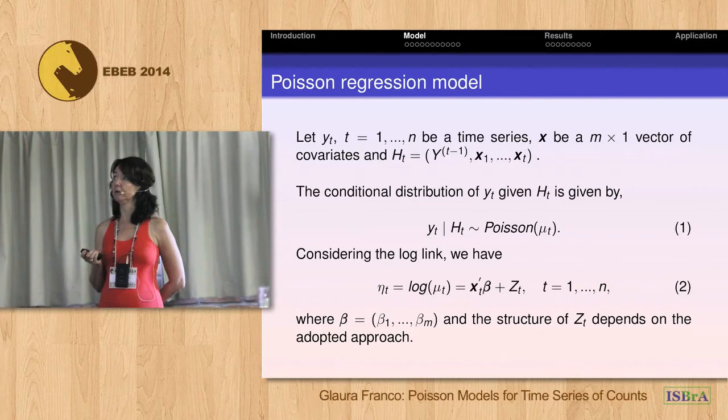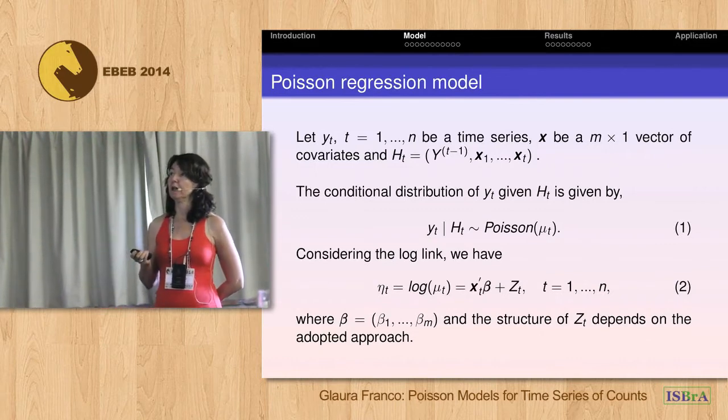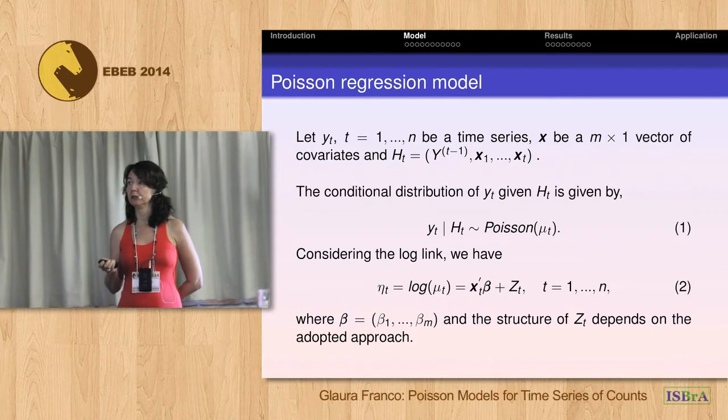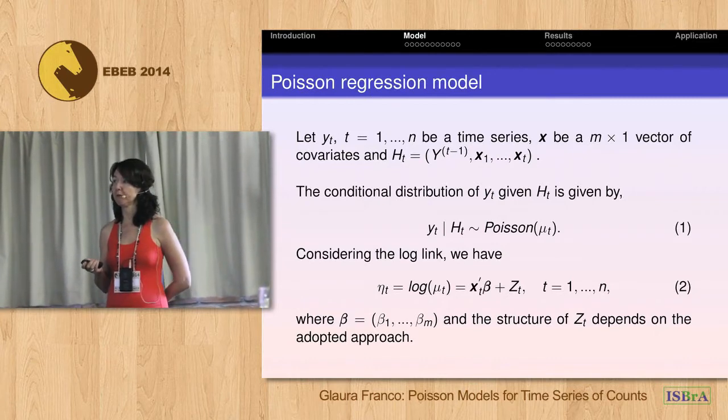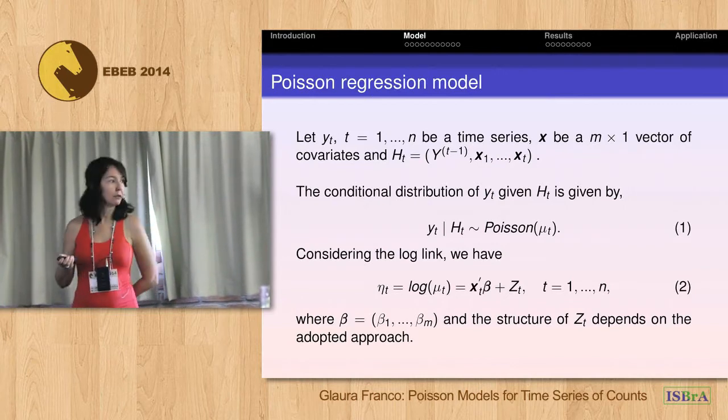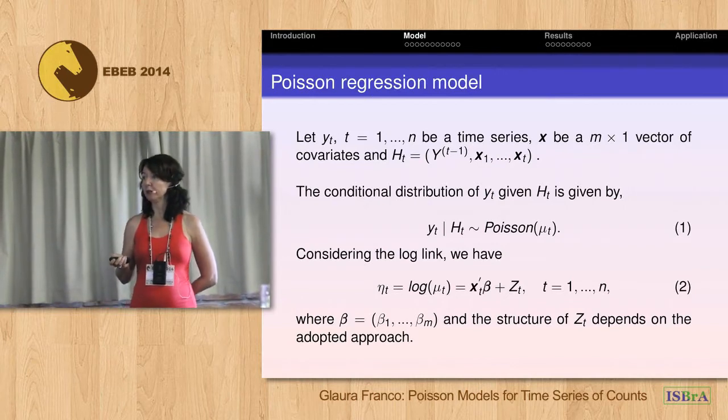The notation will be this one. The previous information is given by the series up to time t minus 1 and all the covariates. We are going to use this conditional distribution as a Poisson with mean mu t, and we have the log link for the Poisson. So we have to estimate the beta parameters.